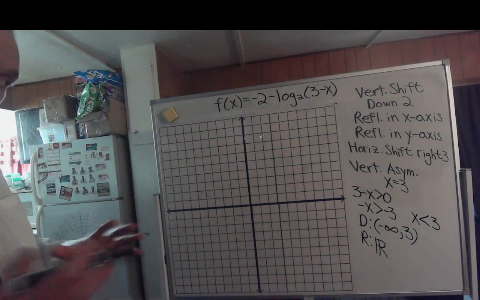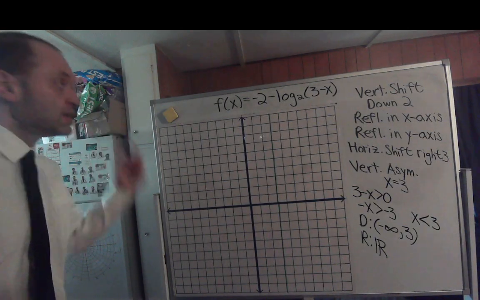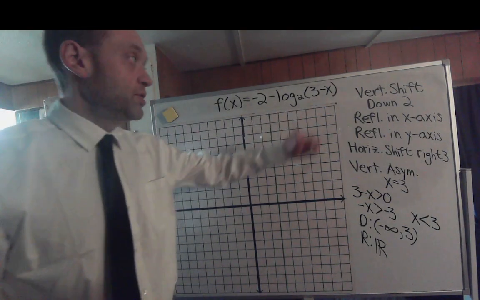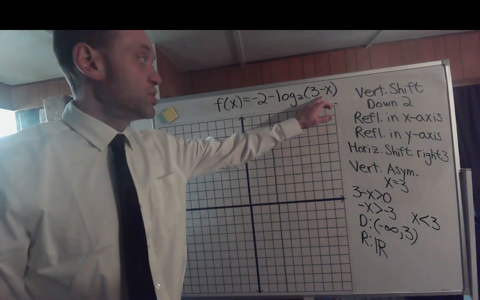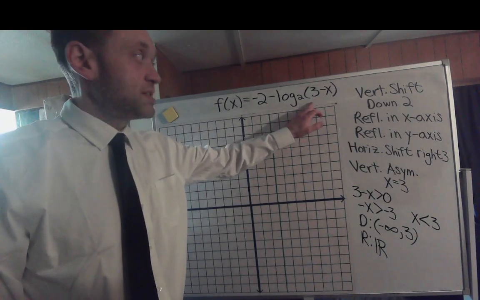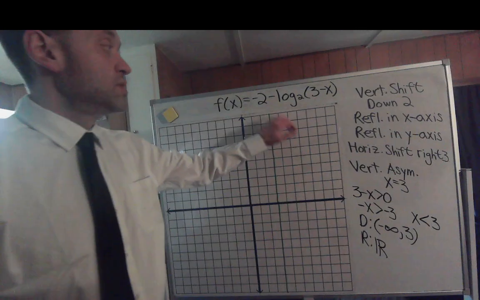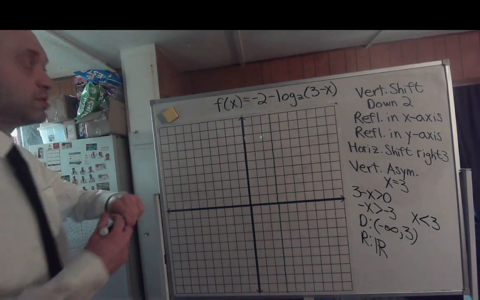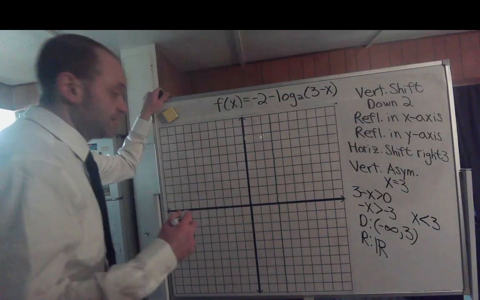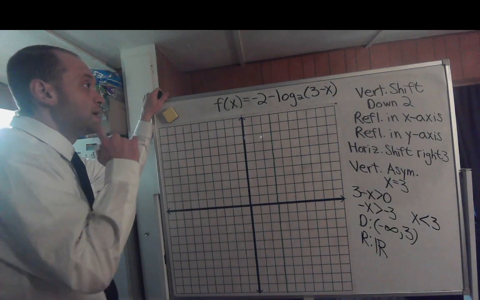So let's put all this information together and graph it. Let's say I make x 2. So that would be 3 minus 2, which is 1. Log base 2 of 1 is what? That's 0. So then negative 2 minus 0 is negative 2.